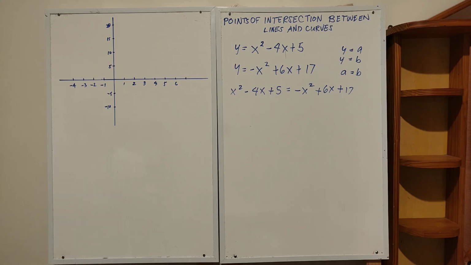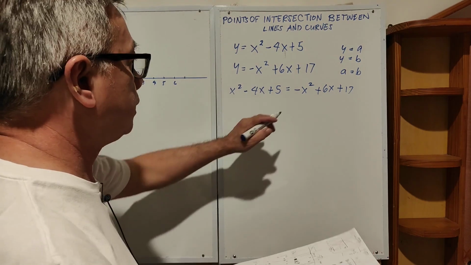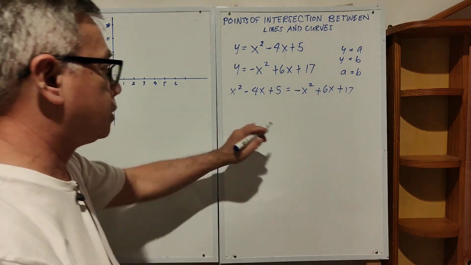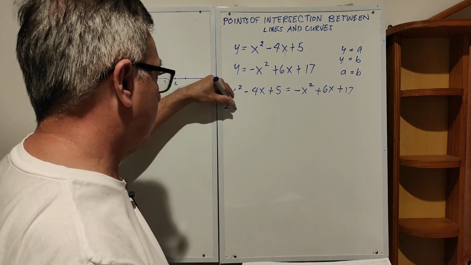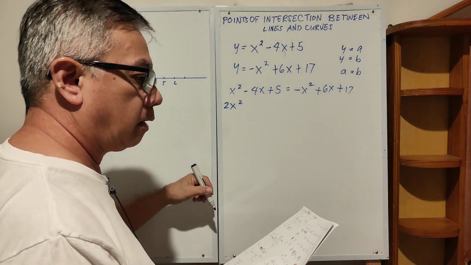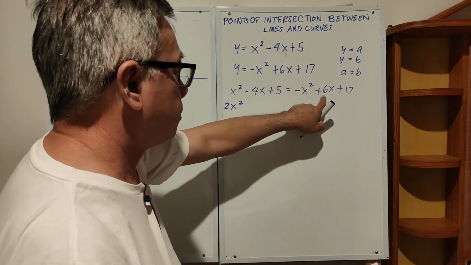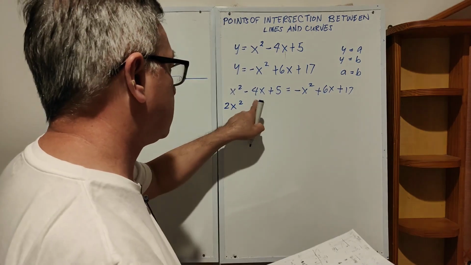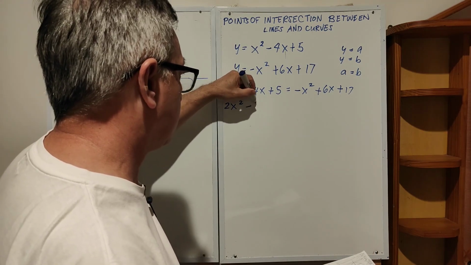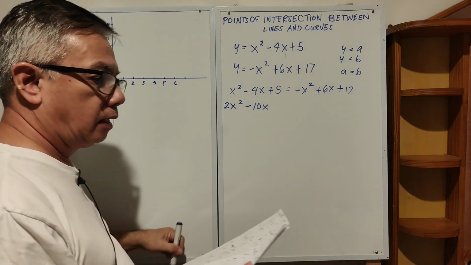Now I'll just do a shortcut using transposition. This one transposed here becomes 2x squared. Positive 6x transposed to the other side becomes negative 6x, and negative 4x becomes negative 10x.